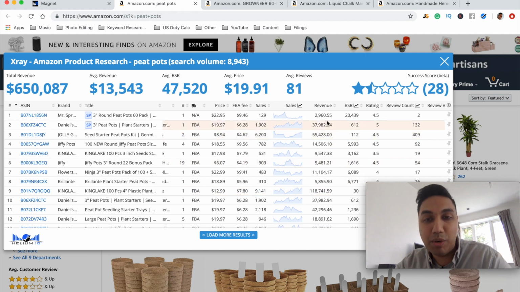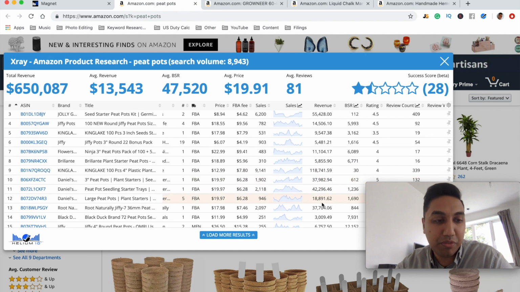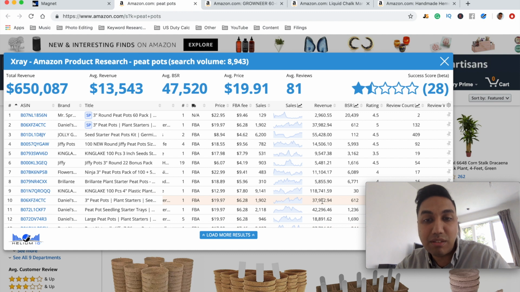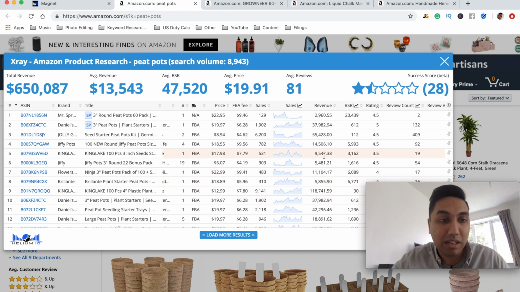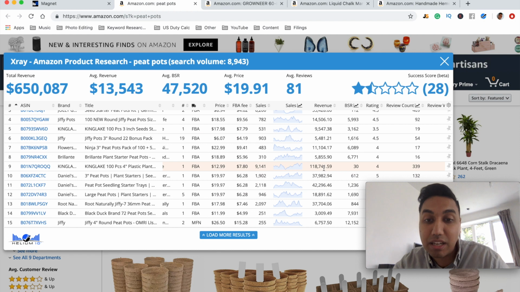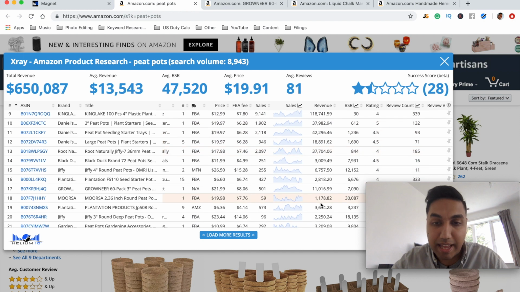So the first thing that we want to look at is the revenue over here. And as we can see from the top 15, most of them are above the $7,500 to $10,000 a month mark. So as you can see over here, we have $55,000 a month. We have 14.5, just under 10, just under 6, we have 11,000, we have just under 6, we have 118,000, we have 38,000, and so on and so forth.